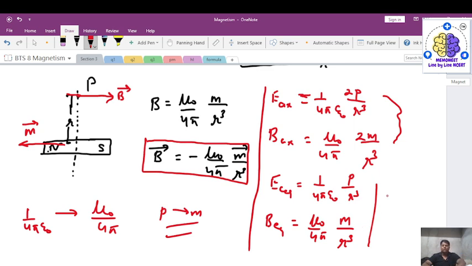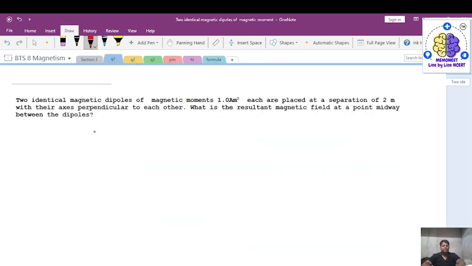So just to understand it well, let's see one numerical over here. The numerical says that two identical magnetic dipoles of magnetic moment 1 ampere meter square each are placed at a separation of 2 meter with their axes perpendicular to each other.